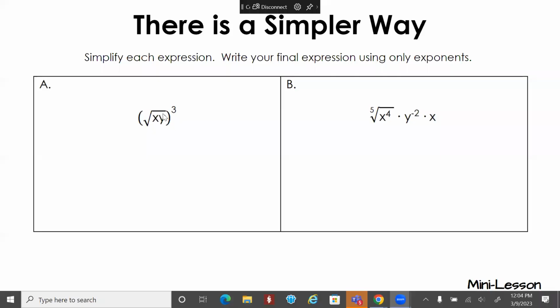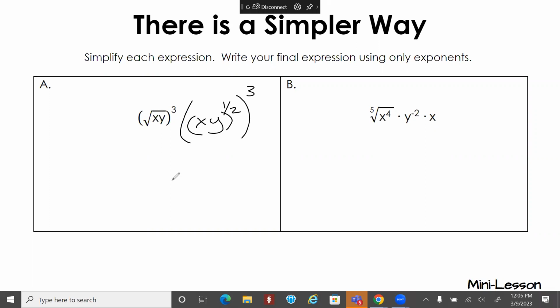Okay, so on this one over here, we have x and y, and we're raising it to the 1/2 power. So look at how I rewrote that radical using exponents, and then we're raising it to the 3rd. So what do we do with a power raised to a power? Multiply.